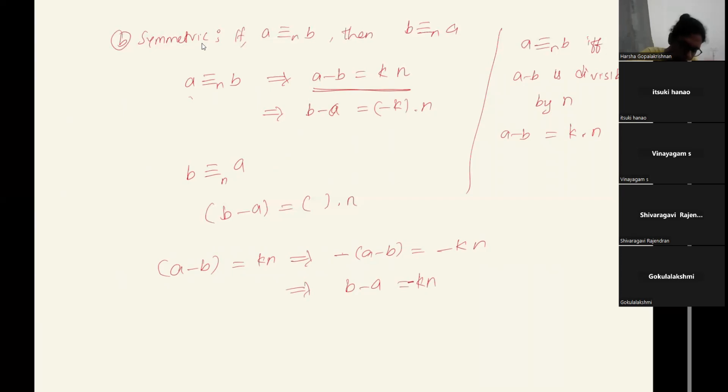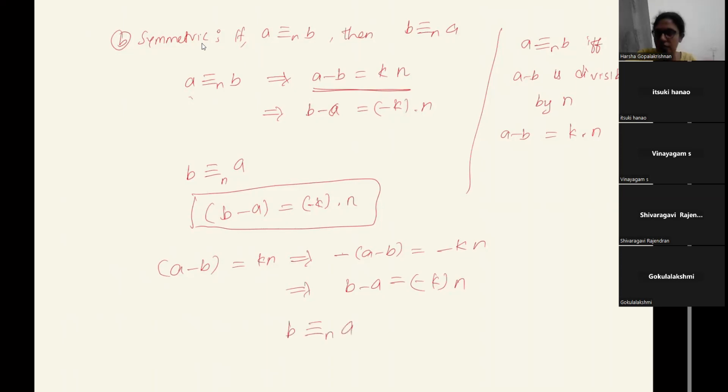Yes, I understood. So we got B minus A equal to some multiple of n. That means B is related to A by this relation. So this is symmetric also. Anyone has doubt here?